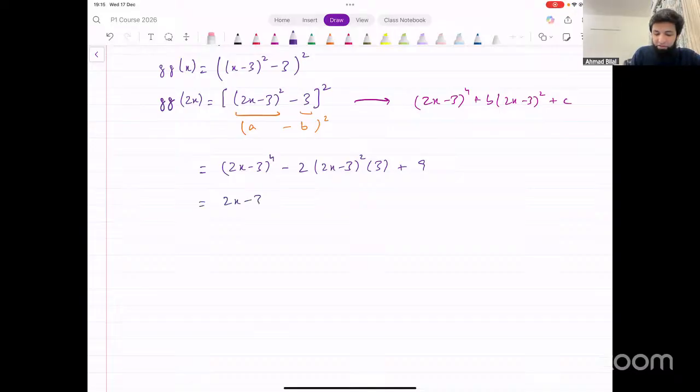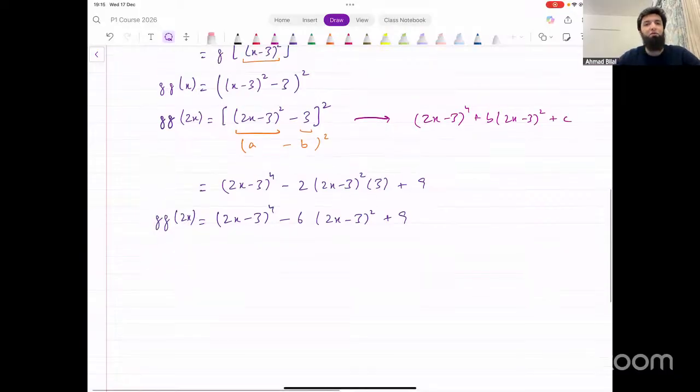We can simplify this further, and that gives us 2x minus 3 whole raised to power 4 minus 2 into 3, that will be 6, minus 6 into 2x minus 3 whole squared plus 9. And that is what we wanted. That's g of 2x. That's the final result that we get from this. Okay, that's what they wanted us to figure out, to show.